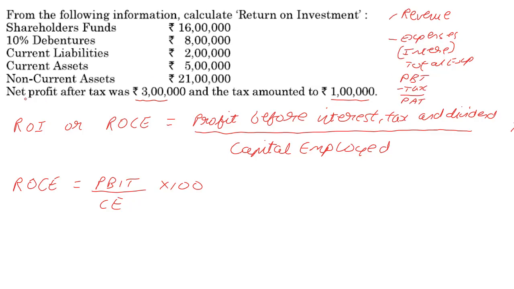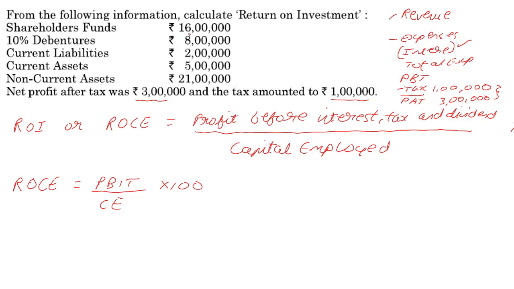So if they're telling us the net profit after tax is 3 lakhs, and the tax is 1 lakh, the interest also has to be included and added back. So it's not just going to be 1 lakh plus 3 lakhs, it will be plus whatever the interest is.